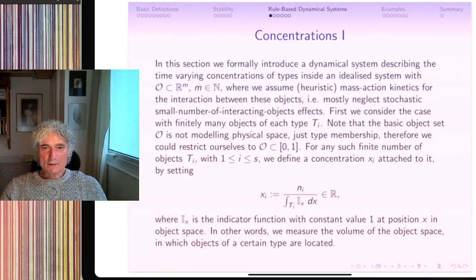Okay, now we go to our most important examples in the lecture, and these are the rule-based systems. Now we actually give a dynamical systems interpretation to the rule-based system. I discuss this here for particles which can be counted.